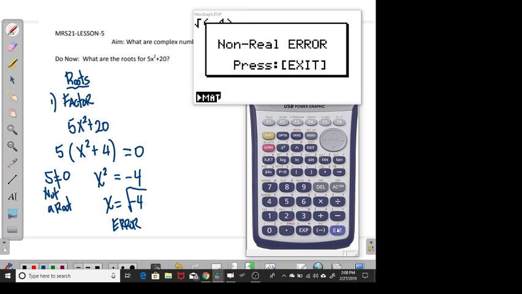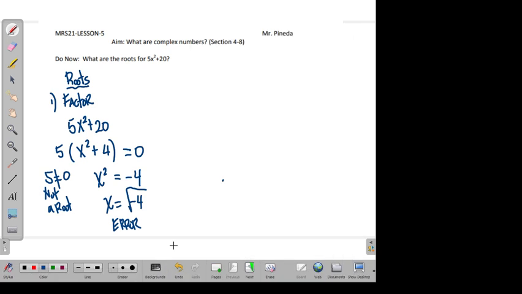Just to make sure. And look what I have. Error. But it's a specific error. It says non-real. So that means that this is not found in the real numbers. Okay. Is everybody okay so far?